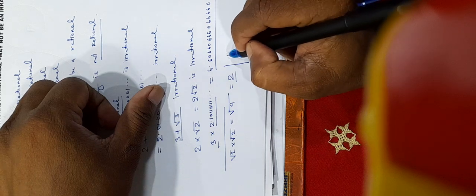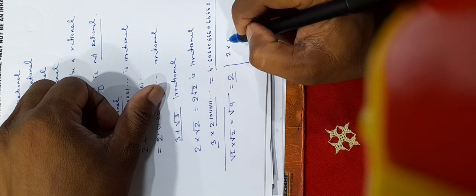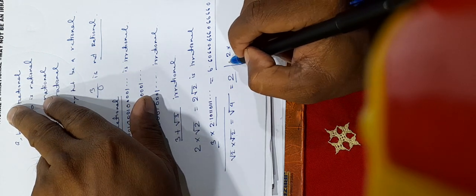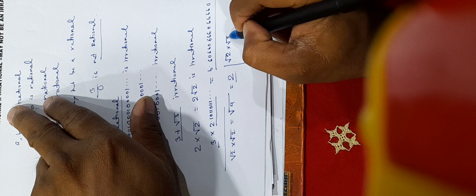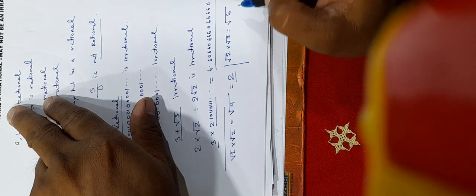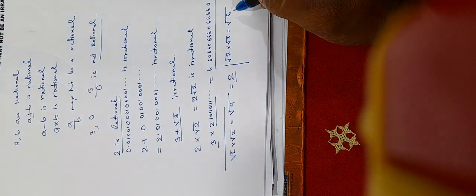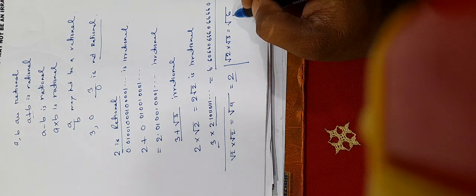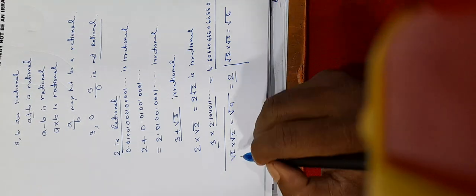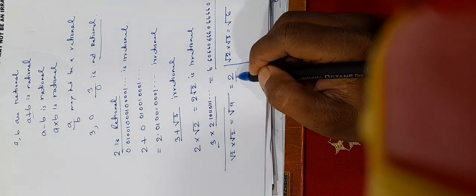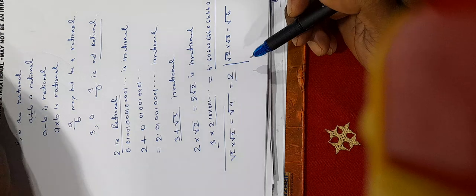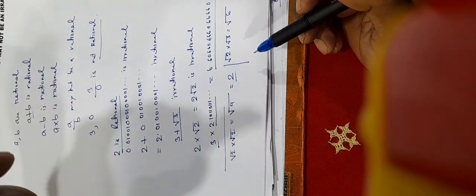Say for example, root 2 multiplied by root 3 becomes root 6. Since 6 is not a perfect square, the square root of 6 is irrational. So here irrational multiplied by irrational is irrational. But in the earlier case, irrational multiplied by irrational is a rational number. So our conclusion is that an irrational number multiplied by an irrational may not always be irrational, right?